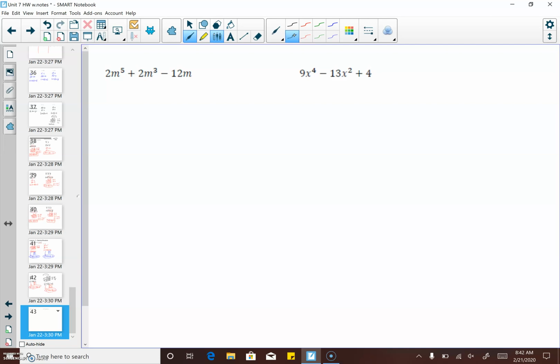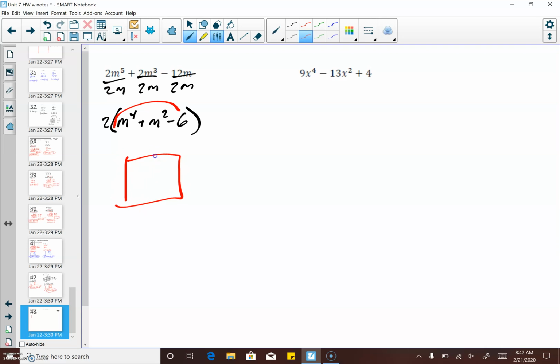In the fifth one, GCF. Anytime you start with an odd exponent, there's usually a good chance you're going to have a GCF. We can actually take out a 2m from all of these. So that's going to go out in front. We get m to the fourth plus m squared minus 6. So now we will look at imaginary 1 trinomial.